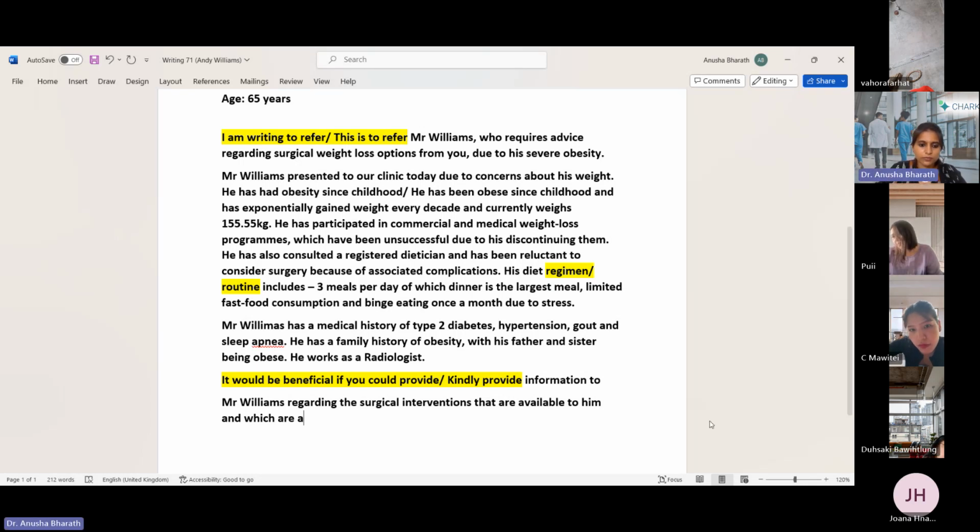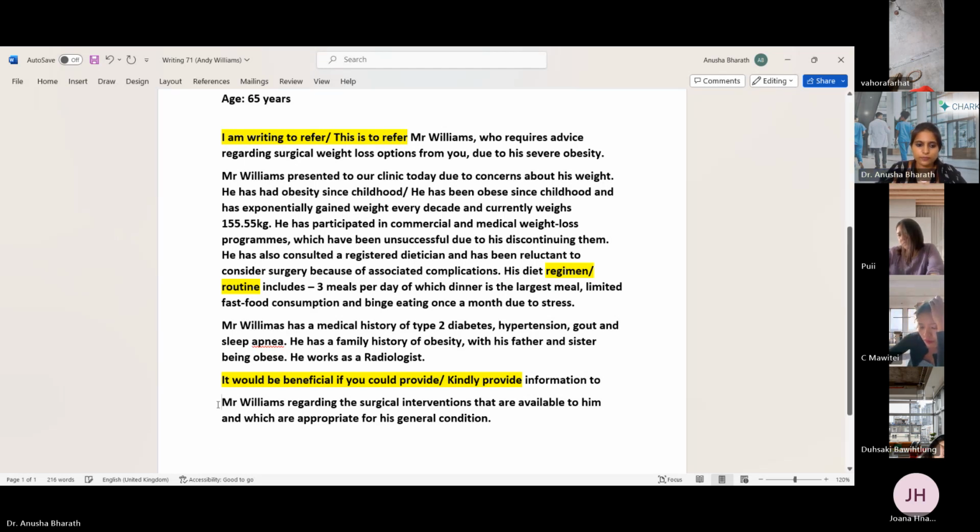Kindly provide information to Mr. Williams, or you can say it would be beneficial if you could provide information to Mr. Williams regarding the surgical interventions that are available to him and which are appropriate for his general condition, full stop. That's it.